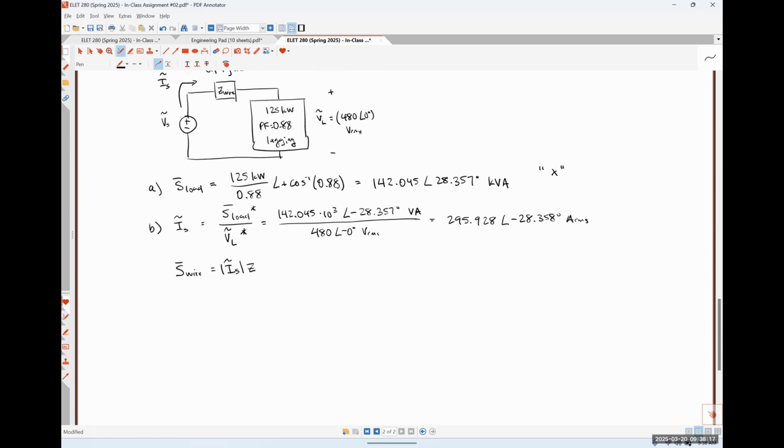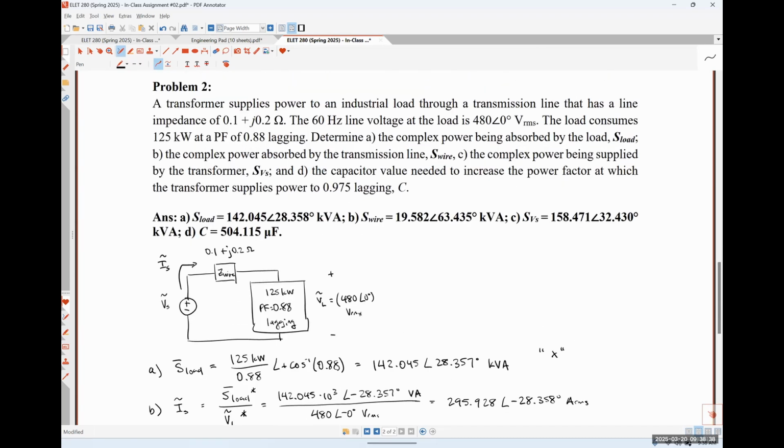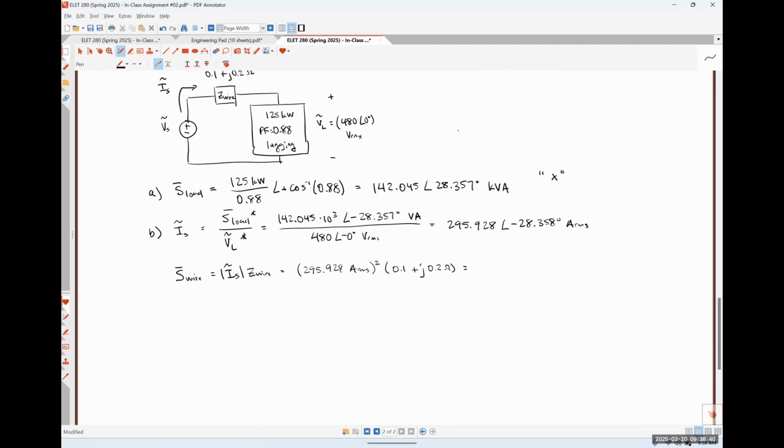So that's going to be 295.928 amps RMS squared times 0.1 plus J 0.2 ohms. Making sure I got that right. Yep.